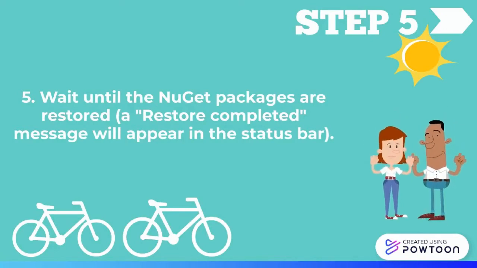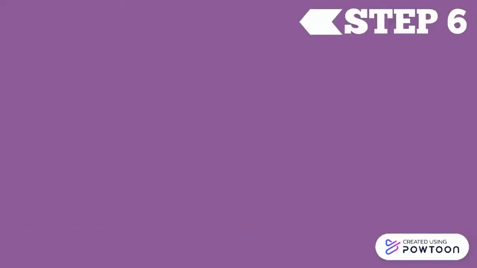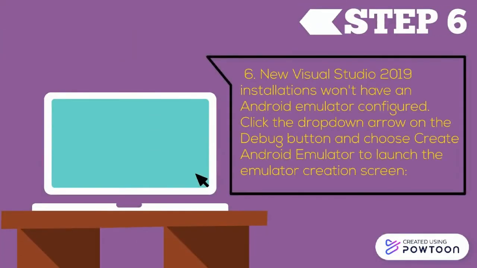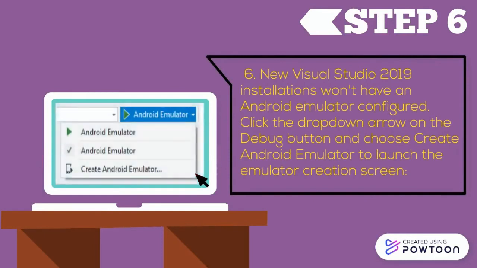A Restore Completed message will appear in the status bar. Step number 6. New Visual Studio 2019 installations won't have Android emulator configured. Click the drop-down arrow on the debug button and choose Create Android Emulator to launch the emulator creation screen.